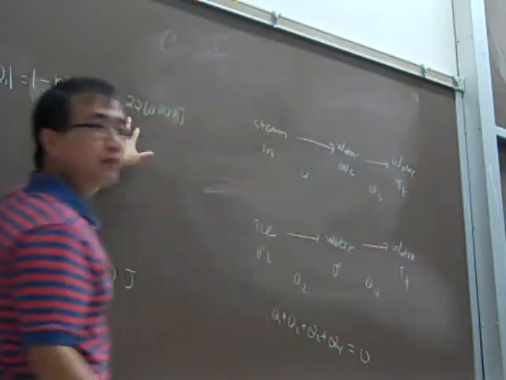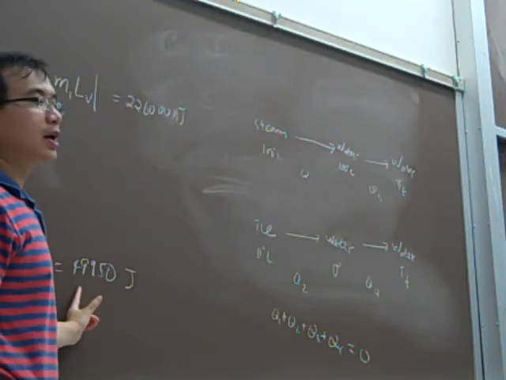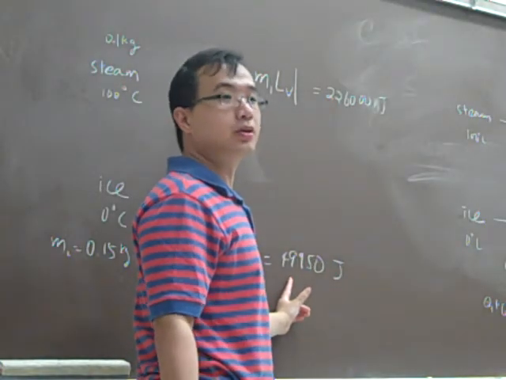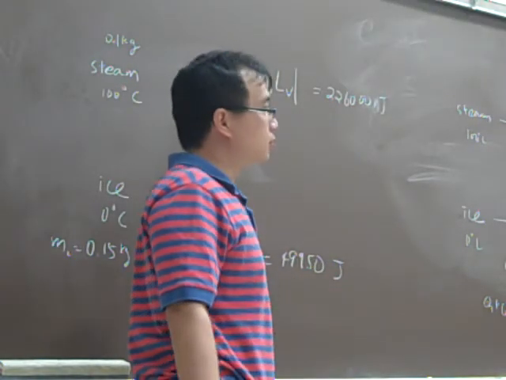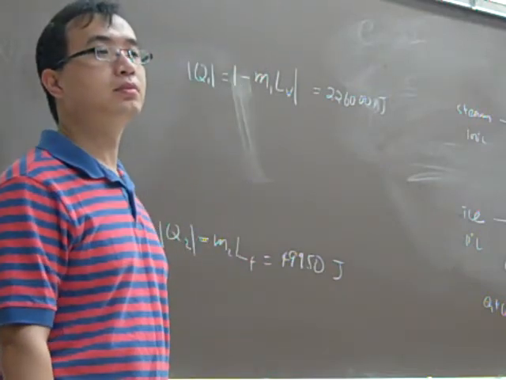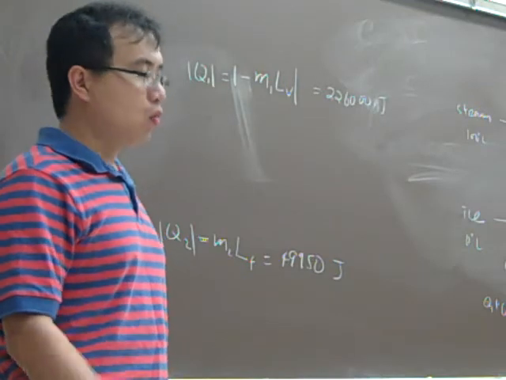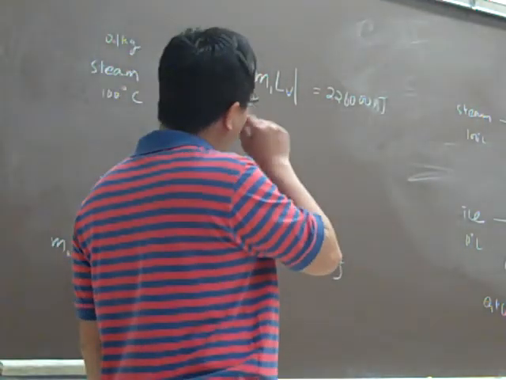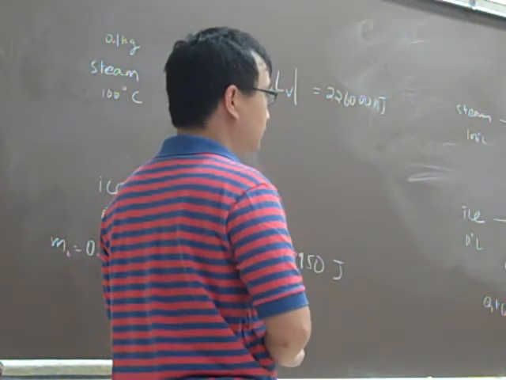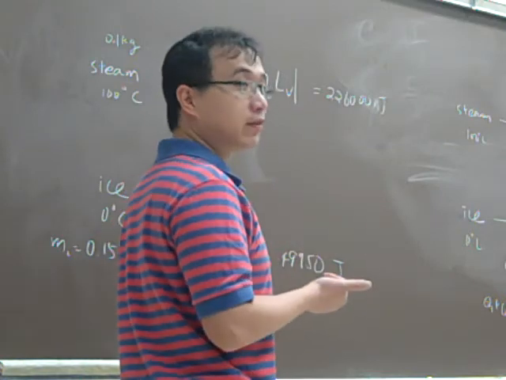If this number is smaller than this number, you may get some water-ice mixture. So how does it change the formula if it's a water-ice mixture? It's more complicated. Then your final temperature is 0.